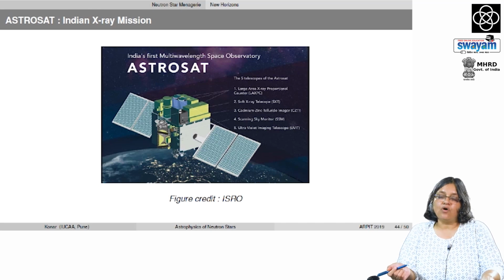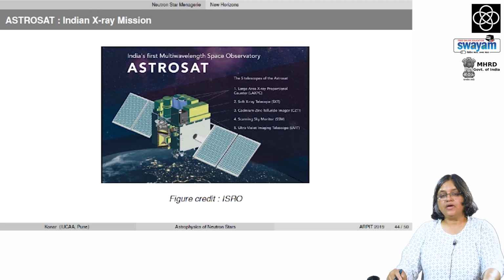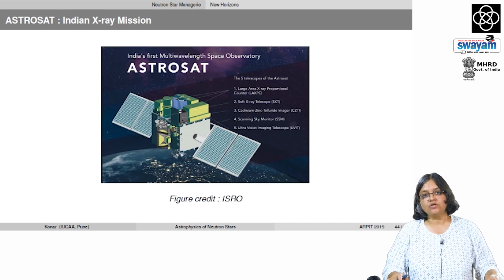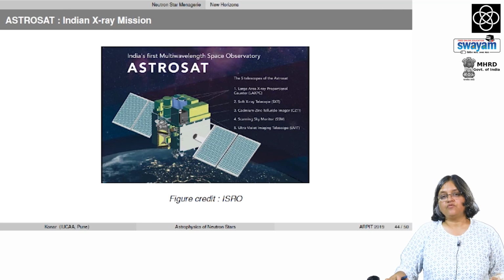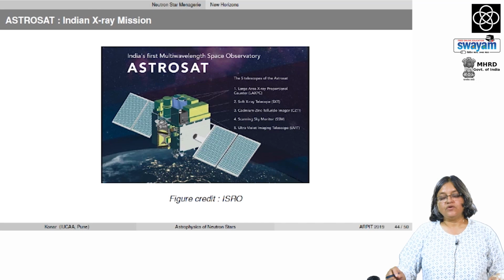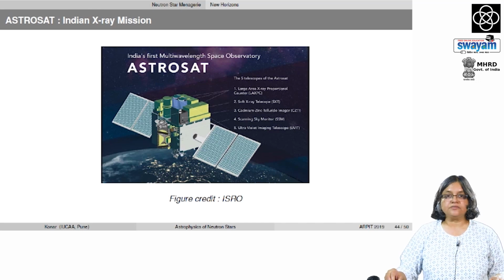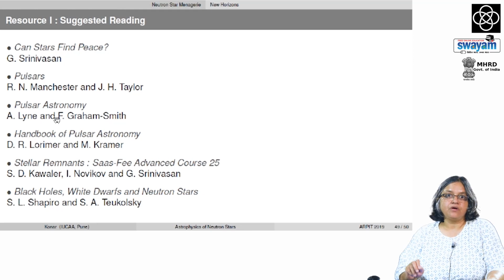And there have already been very interesting results in the area of neutron stars which have come up from the data taken by ASTROSAT, and we are hoping that this would shed new light on our understanding of neutron stars. So, here are some resources for you to learn about neutron stars and understand the physics in more detail.